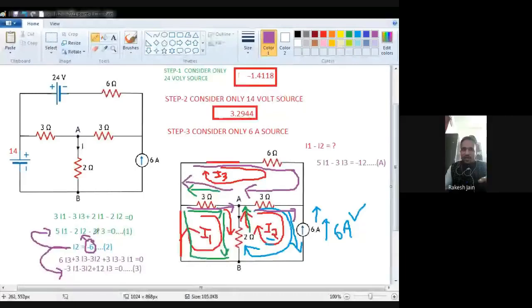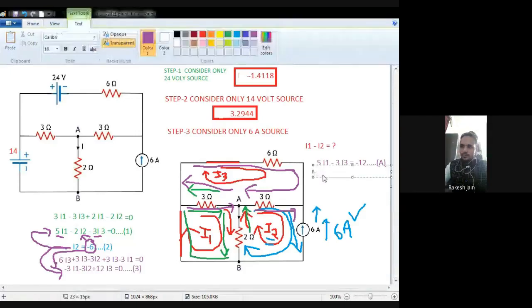I start from here. 6 I3 is there, only one resistance is there. So 6 I3. Then I pass through this 3 ohm from right to left, so my current is I3, and I write it with positive.